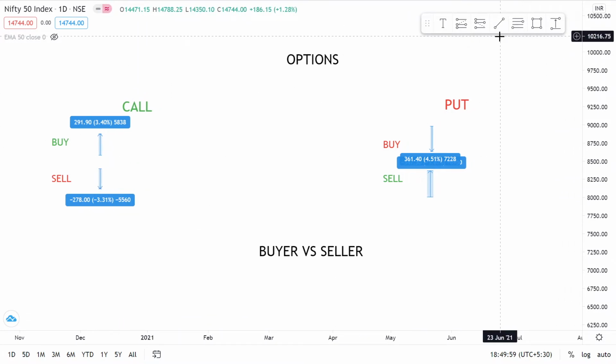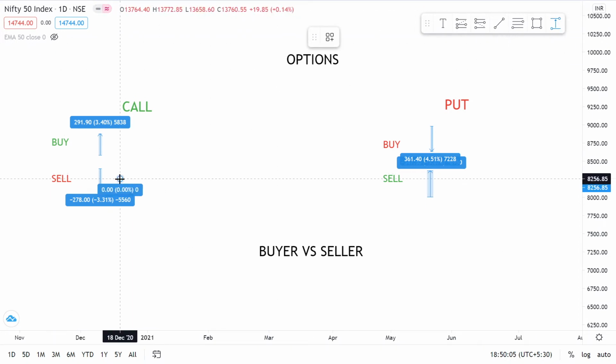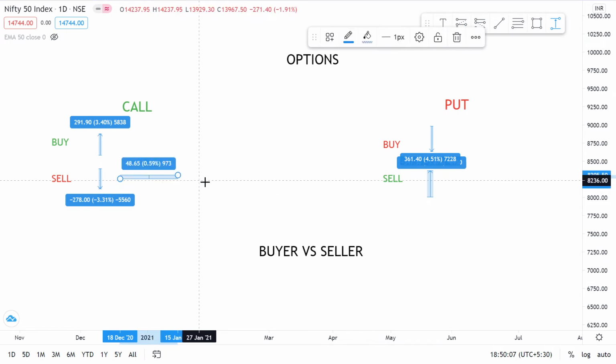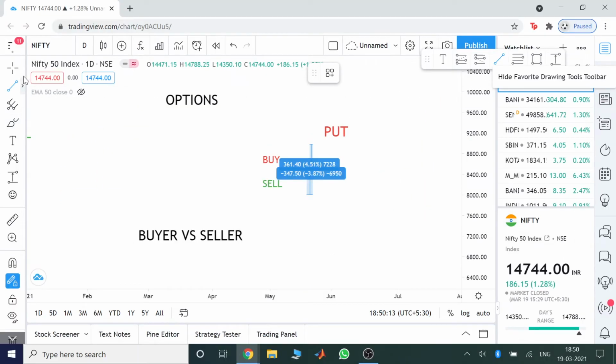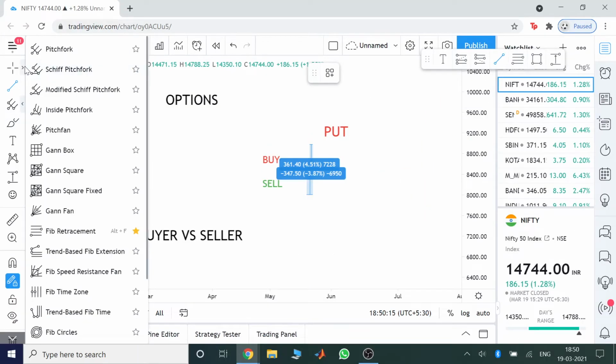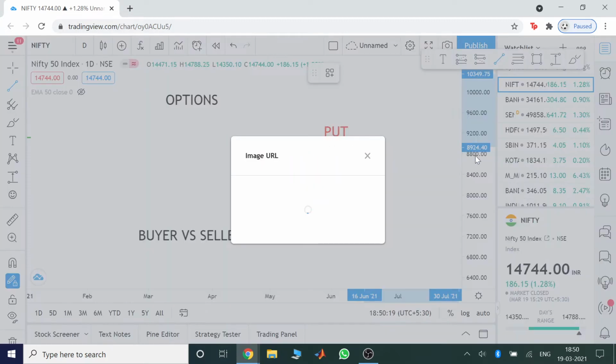When the market moves sideways, you can sell a call option even when you think the market is going to move sideways. So let me get a brush.